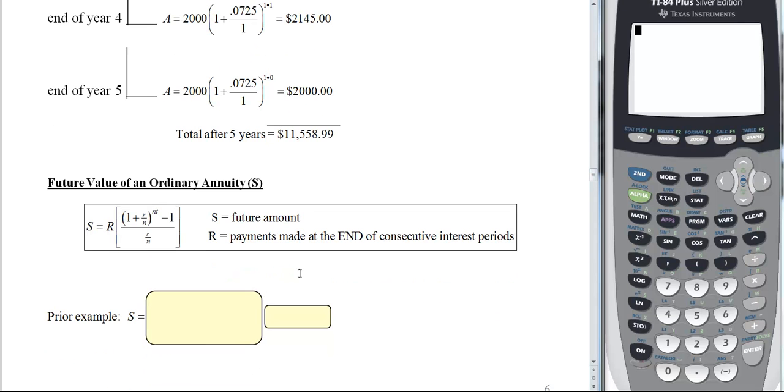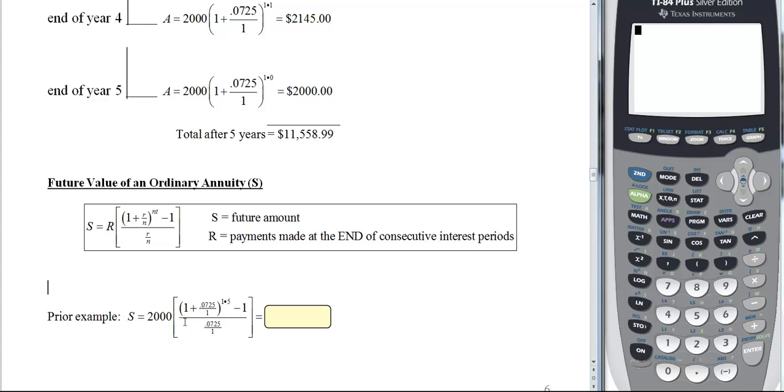I will show you. So from the prior example, my payment was $2,000. The interest rate was 0.0725, N was 1, and it's going in for 5 years. So I put everything in the appropriate position.